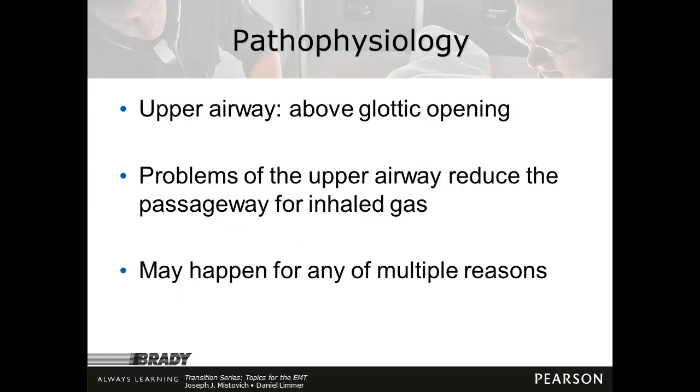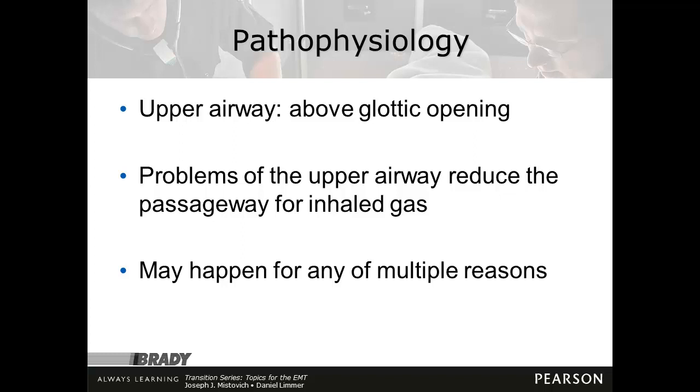The airway is the path of air flowing to the lungs. The upper airway is comprised of those structures above the level of the glottis, the opening of the trachea or windpipe. Problems of the upper airway reduce the passageway for inhaled air. The classic upper airway problem is obstruction.